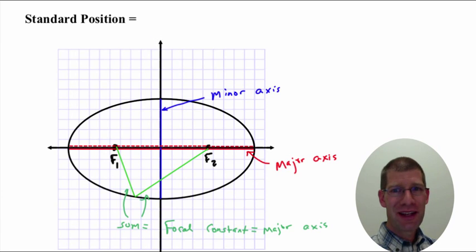So standard position, I guess this is backing up. I probably should have written that at the beginning instead of just saying it. The origin, or 0, 0 on your coordinate graph, is midway between F1 and F2.